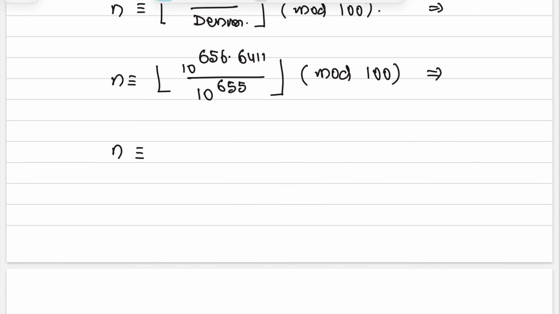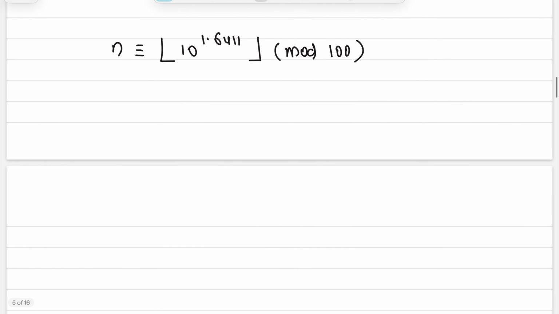This implies n is equal to the floor function of 10 to the power of 1.6411, mod 100. What is the value of 10 to the power of 1.6411?